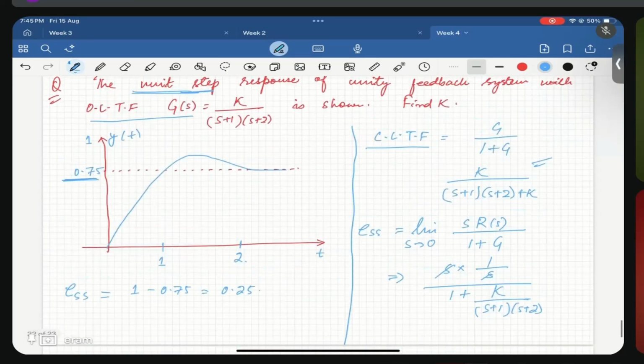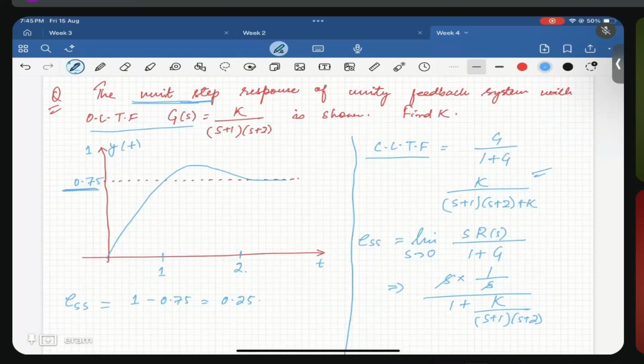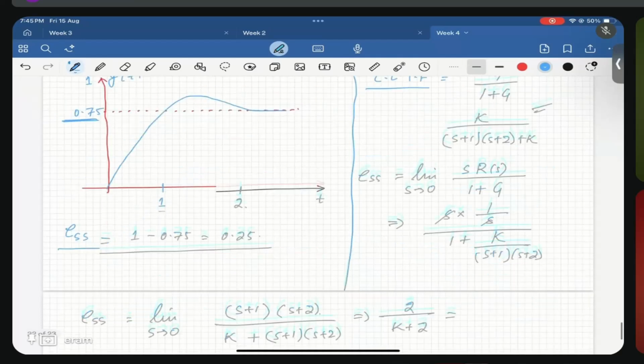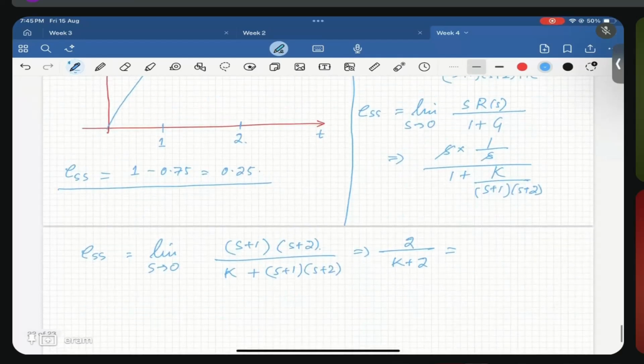And from the graph, we know that the steady state error is 0.25, that is 1 by 4. So how much will be k? 6. Yes. So k will be 6 is the answer.